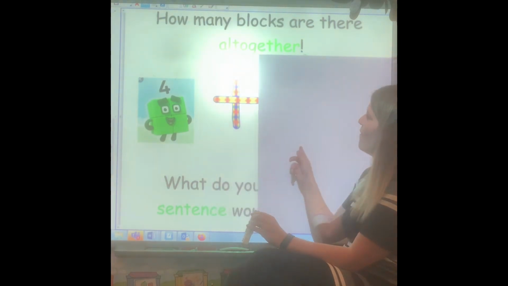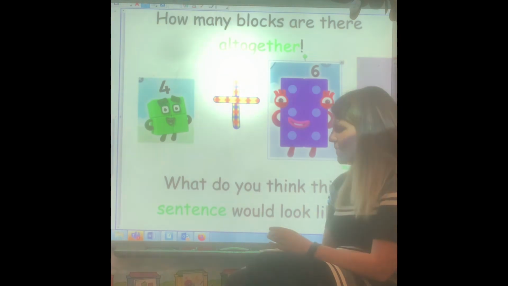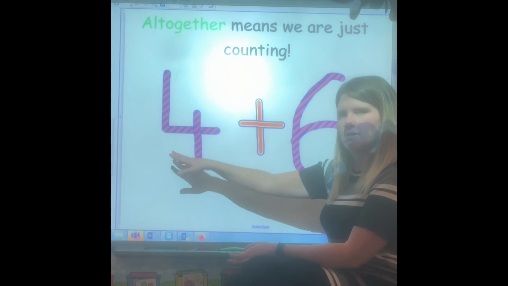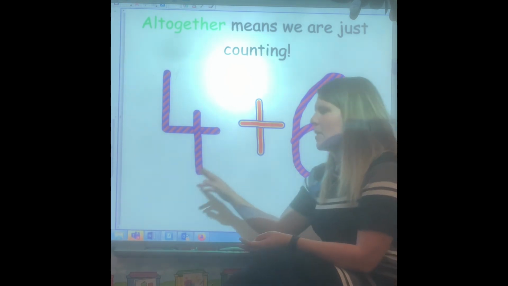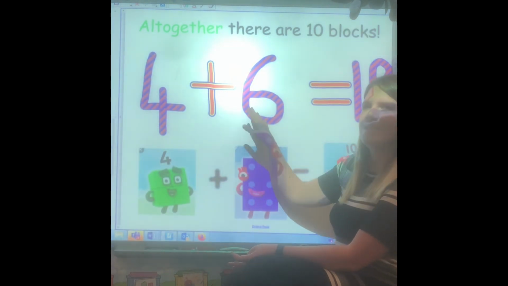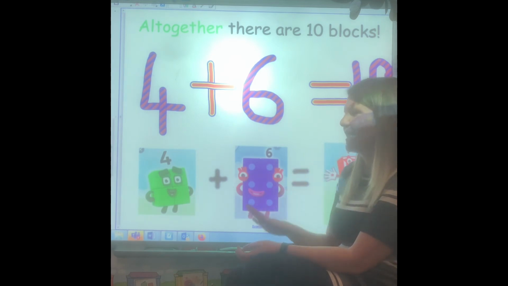Should be 4 plus 6 equals 10. And we can write that into a number sentence. We can write the numbers 4, add 6. And once we've written those numbers, remember we have to write the equal sign. 4 plus 6 equals 10. Fantastic.